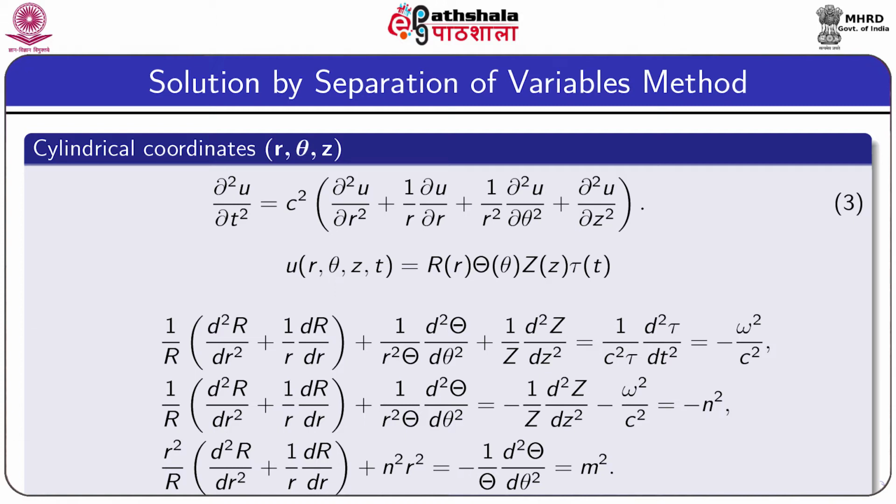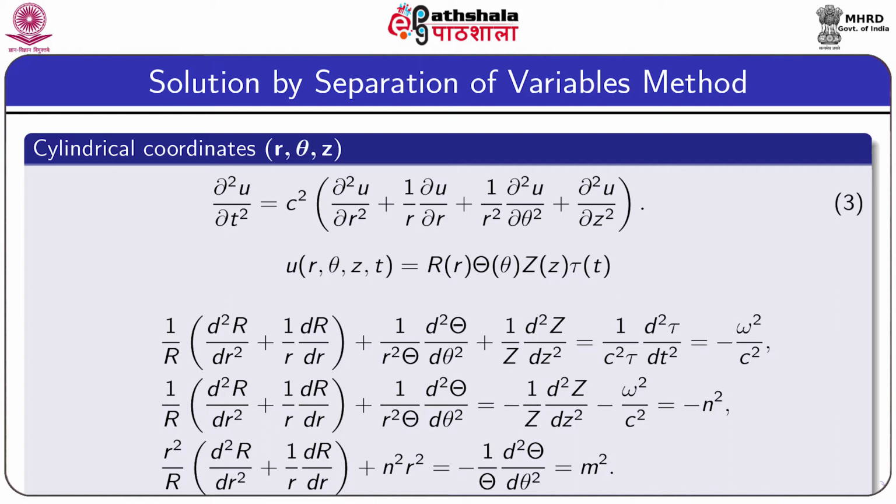So, first we are separating the time variable and we are assuming the separation constant as minus omega square by c square to obtain a periodic solution of the given equation. Now, using that separation constant, in the next line we are separating the function of z from the function of r and theta.